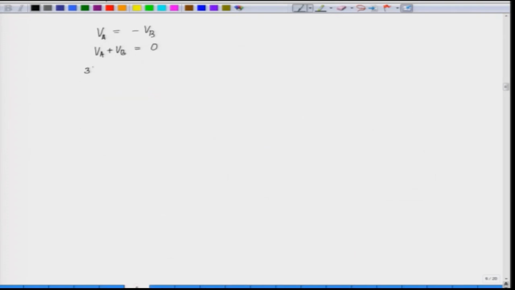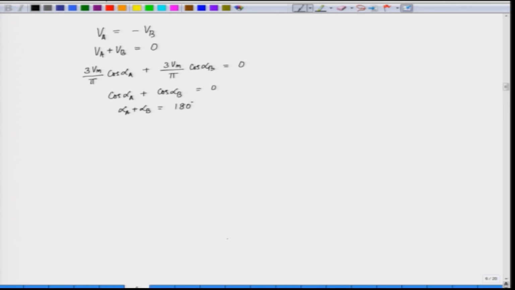So, we have 3 Vm by pi into cos alpha A plus 3 Vm by pi into cos alpha B is equal to 0, or cos alpha A plus cos alpha B is equal to 0, or if we simplify this further, we get a relationship alpha A plus alpha B is equal to 180 degree.